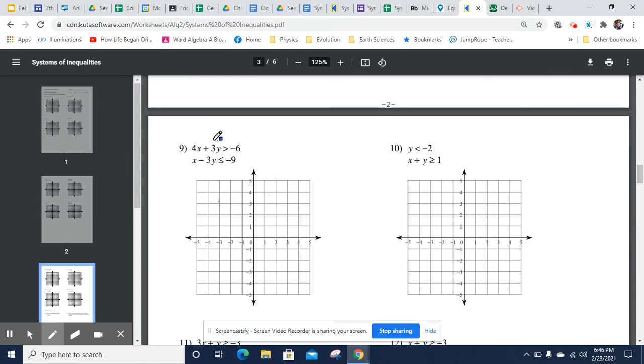So I'm going to focus on the y-intercept, which is when x is 0, so I don't care about 4x. I get 3y would be equal to negative 6, so y would be equal to negative 6 over 3, which would be negative 2. So I'll get a y-intercept here at negative 2. And then I'm going to look at my slope. My slope, again, is negative of a over b.